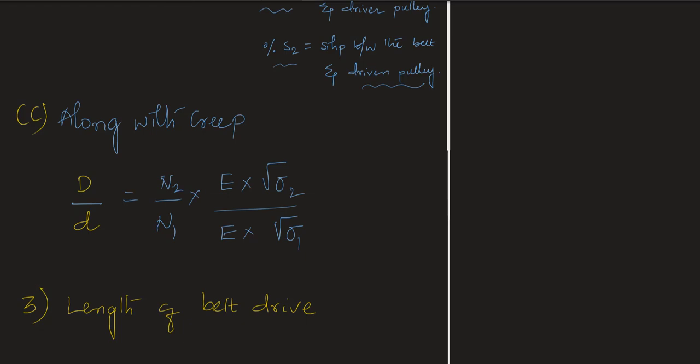Now if we consider creep into account, then E into under root of sigma 2. Sigma 2 indicates the stresses due to creep on the driven pulley, and sigma 1, you might be guessing, is the stress on the driver pulley.